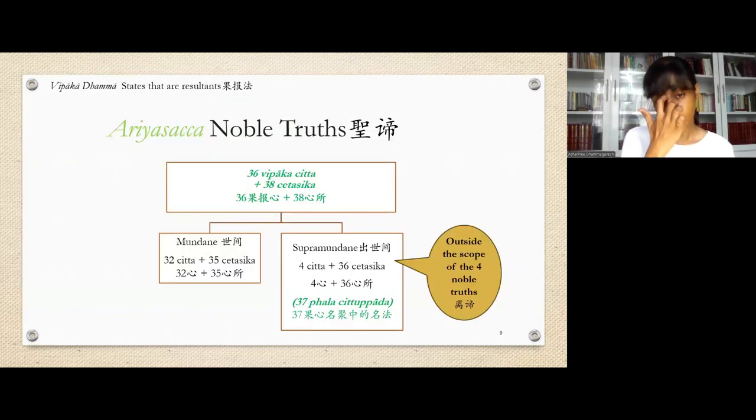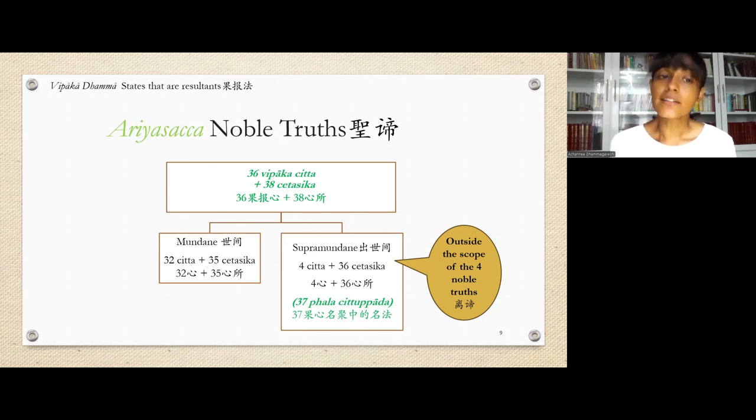And now we come to the ariya sacca, the noble truths. And how I like to look at it is initially classifying them under mundane and supramundane categories. So out of the 36 Vipāka chitta, 32 chitta and 35 cetasika are mundane. The remaining 4 phala chitta and the 36 cetasika are supramundane.